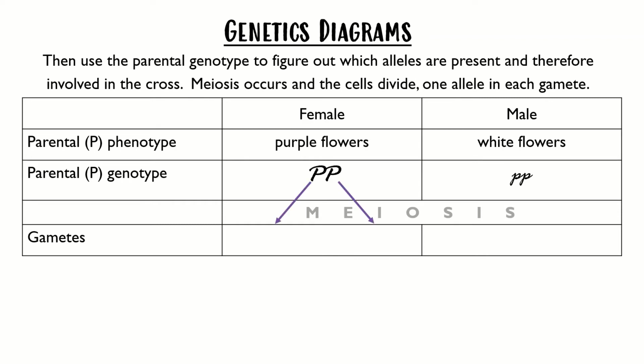In the female, when those two alleles end up in different egg cells or ovule cells, you'll have capital P in one ovule and capital P in the other ovule. In the male, when those two alleles divide by meiosis, you'll end up with small p and small p in the pollen cells. So now you know the gametes, and now we can begin to do the cross.